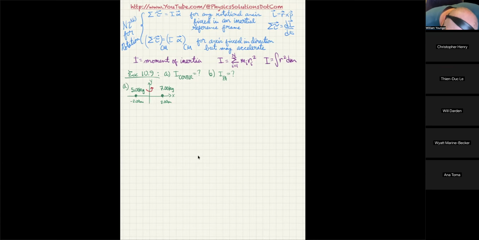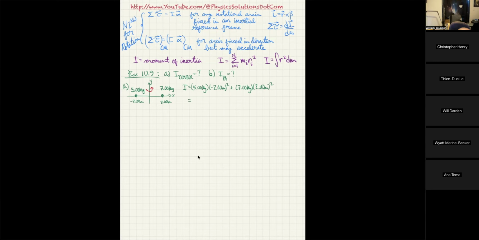And therefore, I is equal to 5.00 kilograms. Now, the distance measured perpendicularly from the y-axis is in fact the x-coordinate. So that's going to be negative 2.00 meters, but it's going to be squared, so the negative is not going to matter. And then plus 7.00 kilograms times 2.00 meters squared.